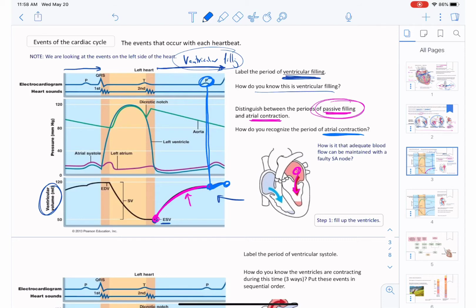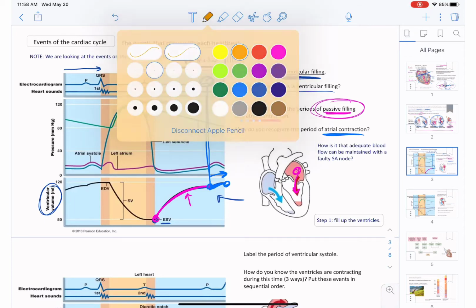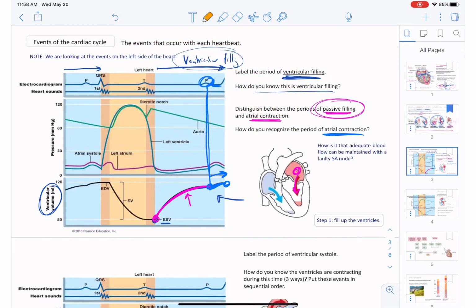So the P wave represents depolarization of the atria, and immediately after that, the atria contract. So atrial systole follows that P wave. So just to recap, this period right there represents ventricular filling, and we can divide ventricular filling into passive filling and atrial contraction.